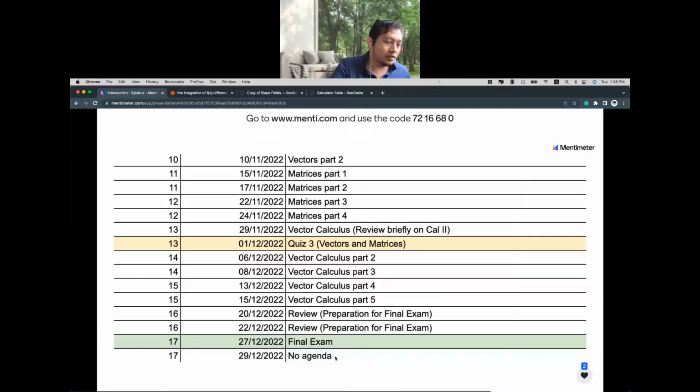I'm still not really having anything on 29 December, because on the 27th I'm preparing a final exam. So I hope this is okay. Or the final exam can be moved earlier, so between then and another day I can book one class.